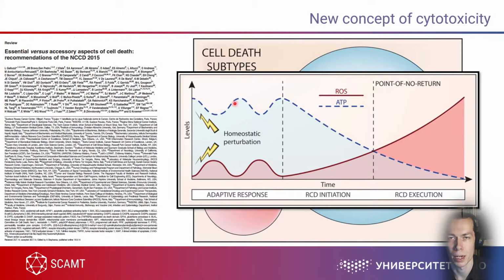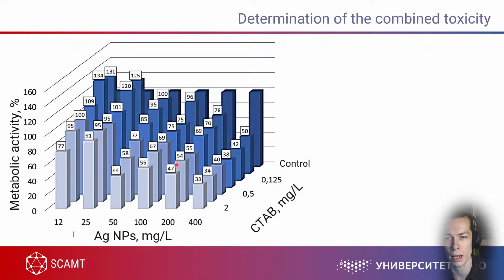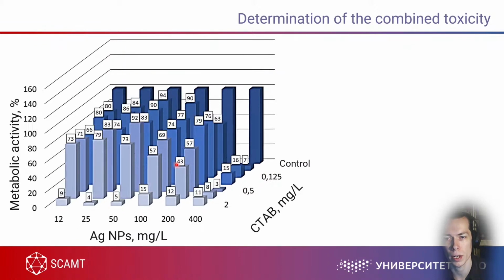But the capabilities of the cell are limited, and because of this, as we keep increasing the amount of toxicants, like for example 1 day, 2 days, and finally 3 days, there are no more reserves left in the cell and cells die. So probably that's the explanation.